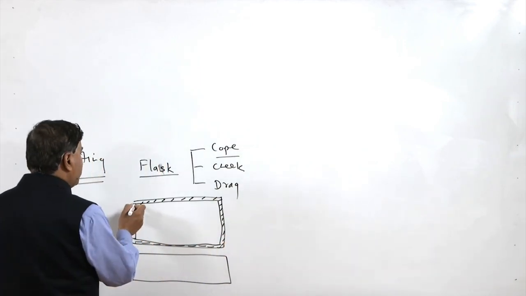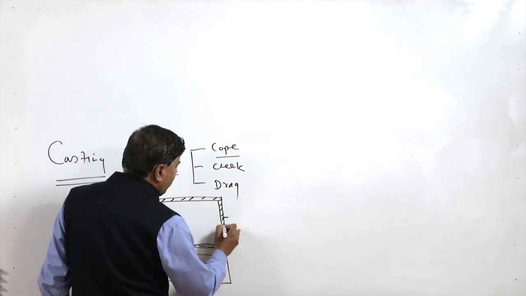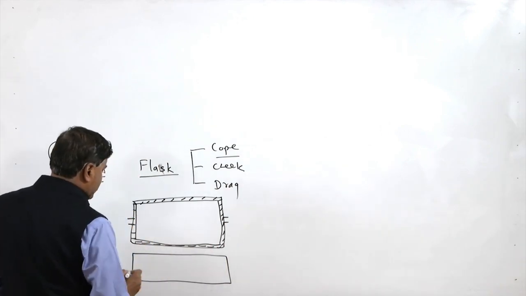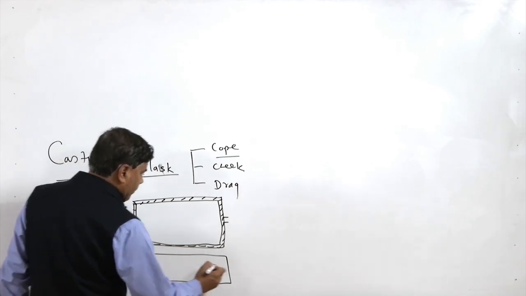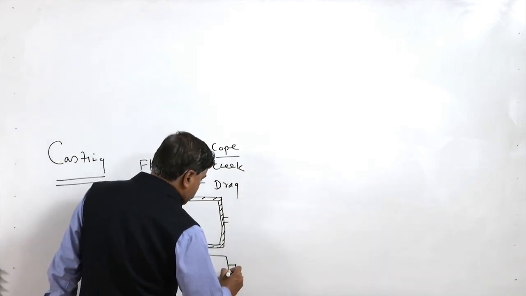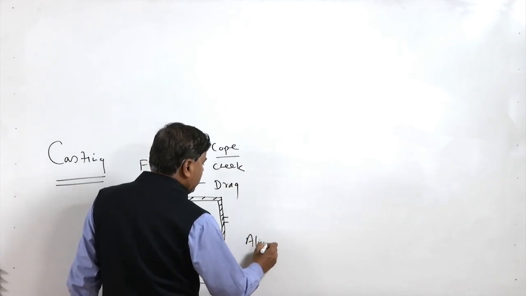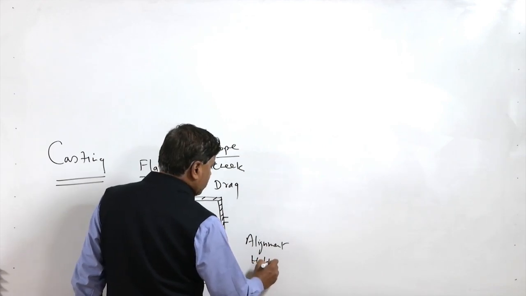where on one side there may be a joint also. Normally these have an arrangement for alignment of the flasks, like a pin and hole, which we can see. These are used for two purposes, one is alignment and another is holding the flasks together.